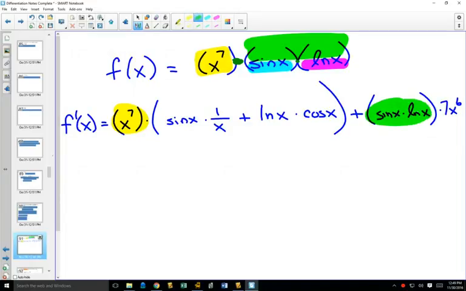And then we kept our second one the same. And after keeping the first one the same, we did the derivative of the second one. But the second one had a product rule inside of it. So how do I do the derivative of the green? Well, keep one the same, derivative of the second, plus keep the second the same, derivative of the first. And then we've got our second one stays the same, multiplied by the derivative of the first one.